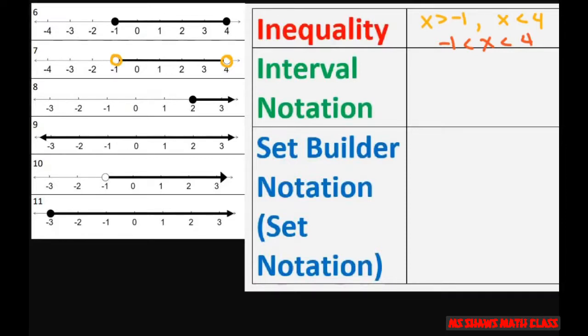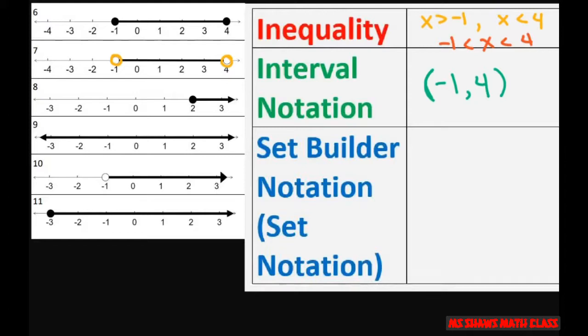Exclusive means it can't include -1 and 4. It can get close to them, but it can't include those numbers. Therefore, in interval notation we use parentheses, which means open interval. So write (-1, 4).